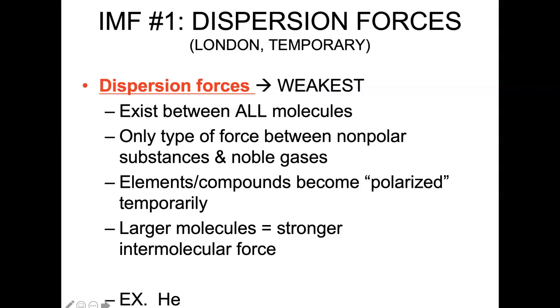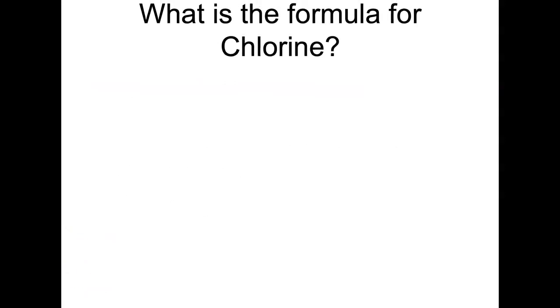If we picked a bigger atom, let's also pick another noble gas like krypton, for example, because it's a larger atom, it would have stronger force of attraction between those atoms. All right. So if you were to be writing chlorine in a chemical equation, what would the formula be?